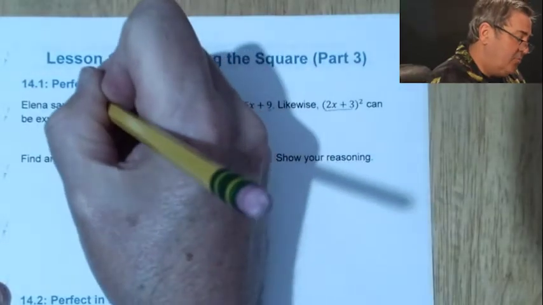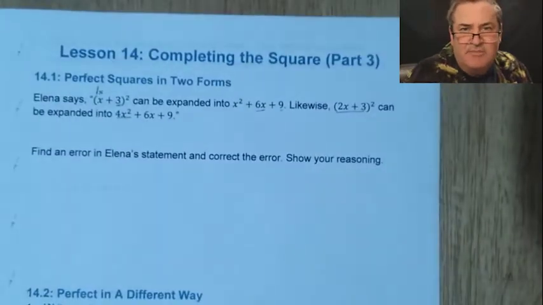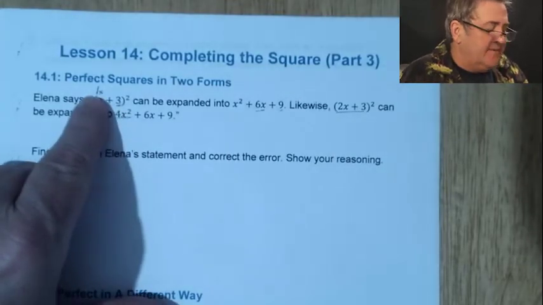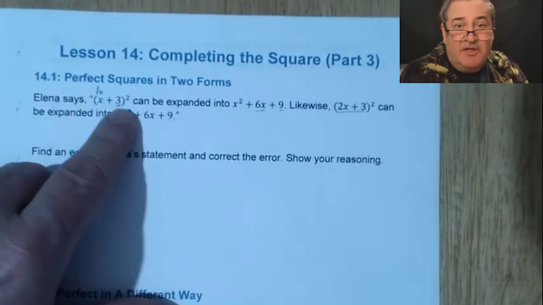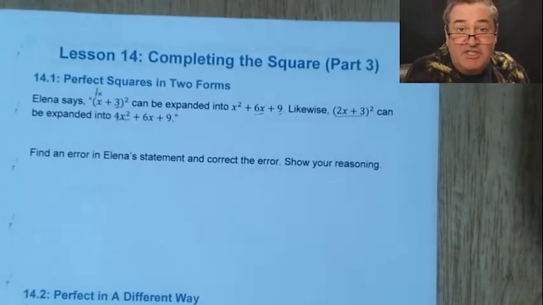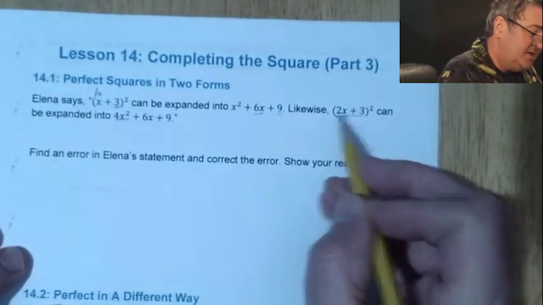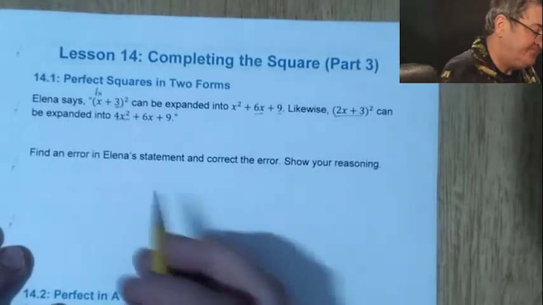We've always had 1x, so we haven't really talked a lot about it, and I probably should have been all along. We're taking 3 times 1 to figure out how many x's we have. But we're just taking 3 twice because 3 times 1 doesn't change anything, right? But now we're taking 3 times 2. So the error is she didn't take that 2 into consideration for the middle term.